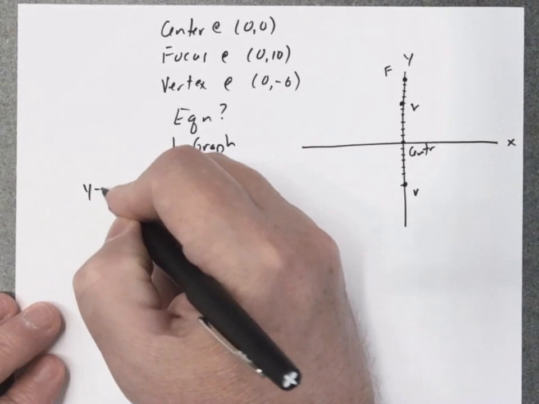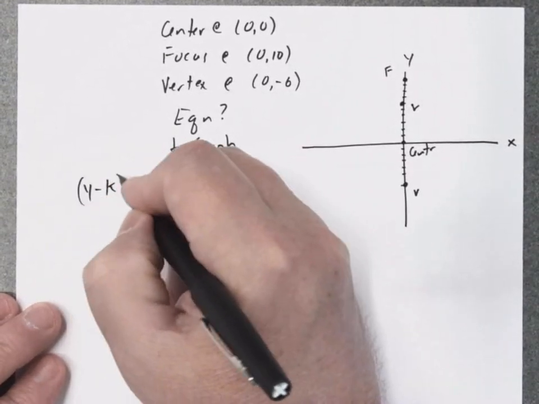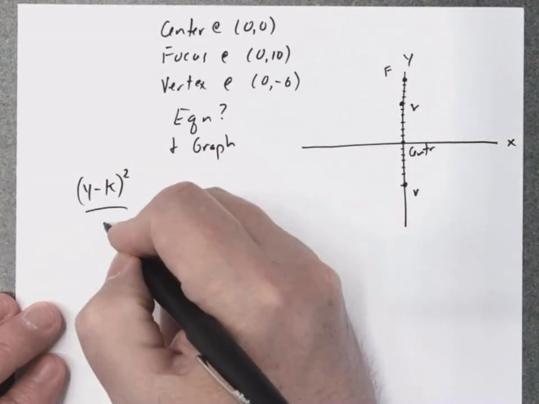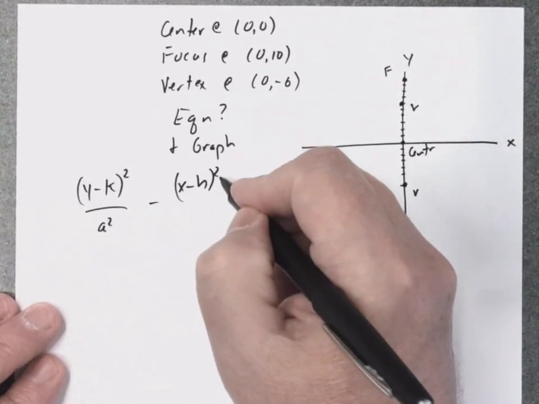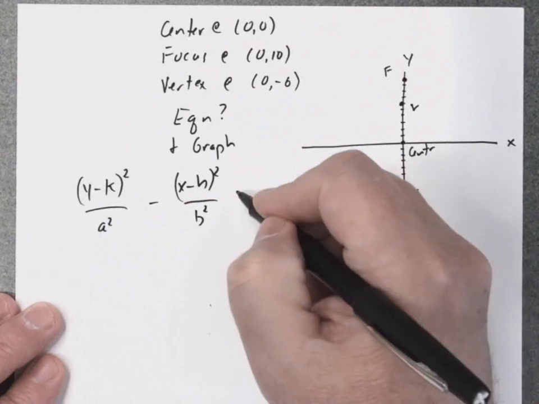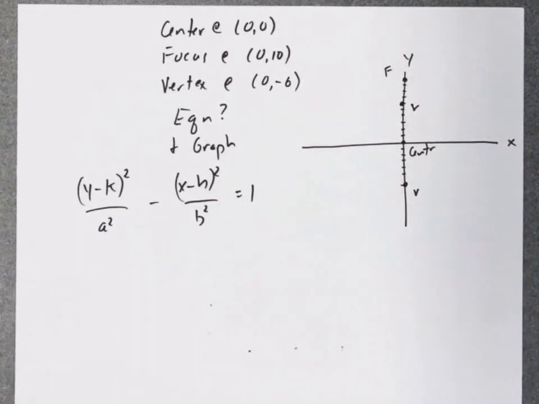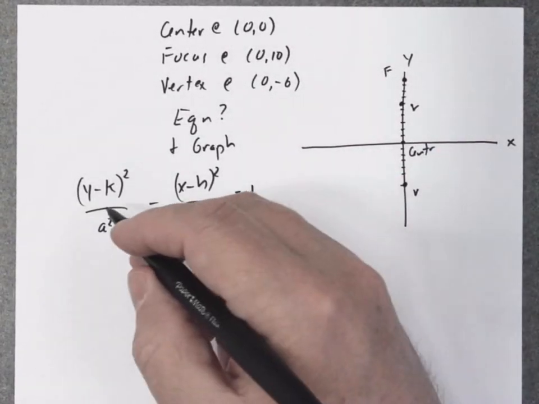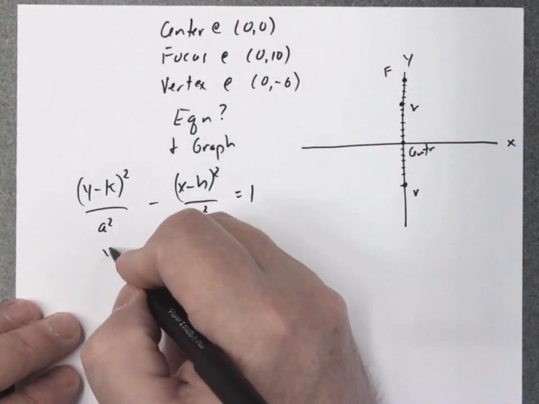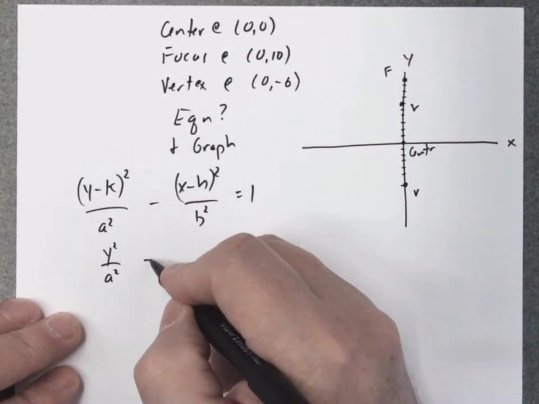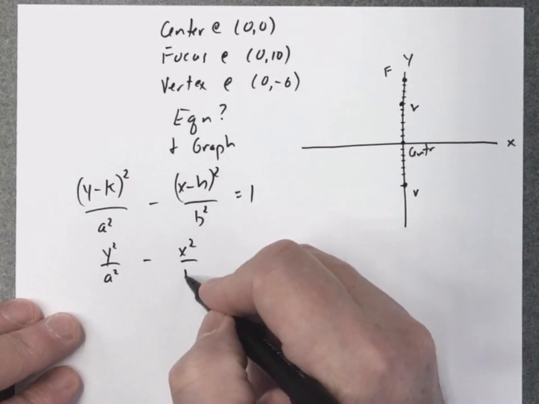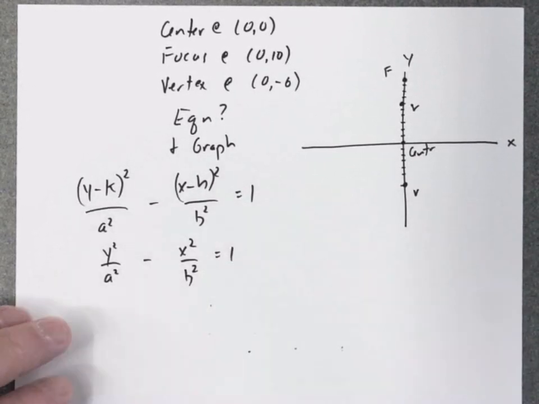So that standard equation is going to be (y minus k) squared over a squared minus (x minus h) squared over b squared equals 1. Now, since this is at the origin, h and k are 0, so it ends up just being y squared over a squared minus x squared over b squared equals 1.